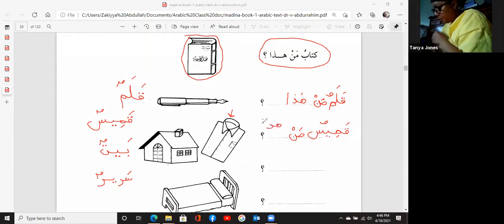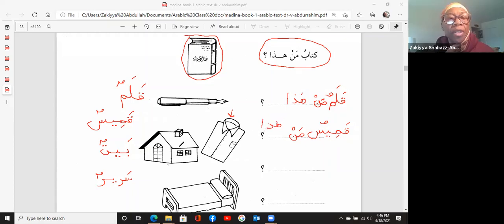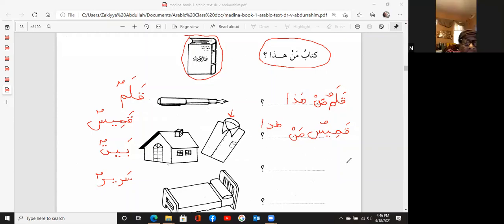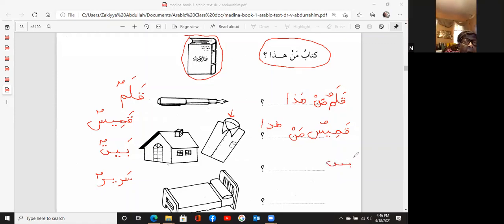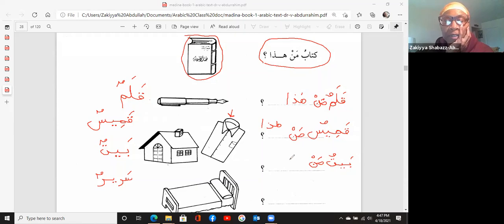The next one, we're going to do it with the bait. Baytun. Baytu, I mean. Baytu men hada. Is the house broken? What are you doing, making up stuff?